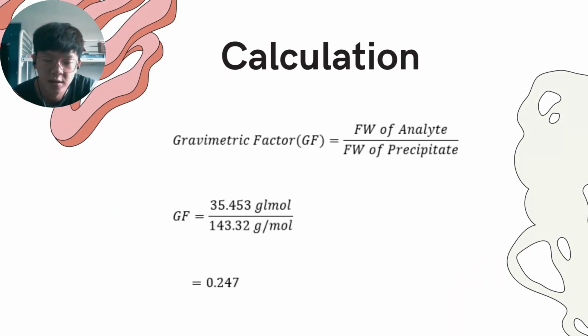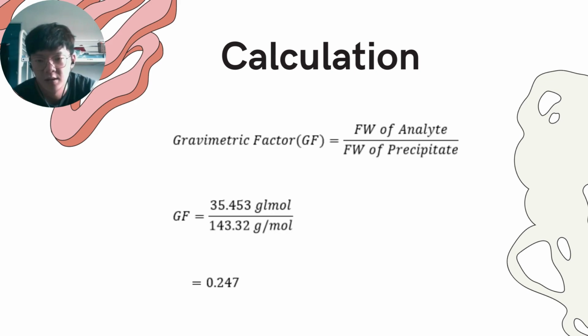So in this experiment, we use the gravimetric factor to calculate the mass of the analyte. The formula is the molar mass of the analyte divided by the molar mass of the precipitate.